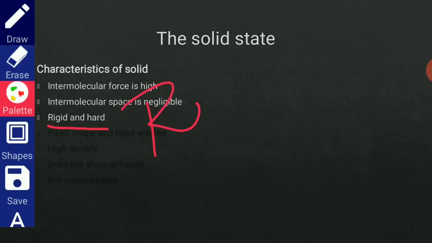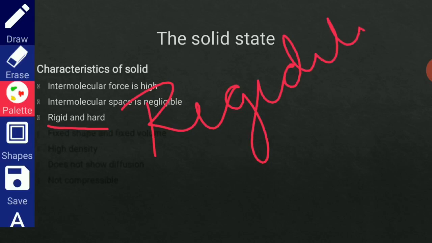Here the term rigidity means the tendency to maintain the shape when an external force is applied on the matter. Means if we are applying a force on a wooden table, it will not change its shape.